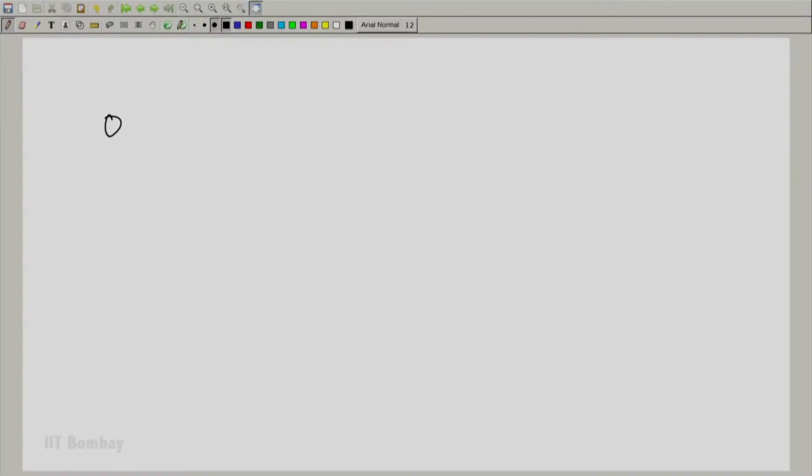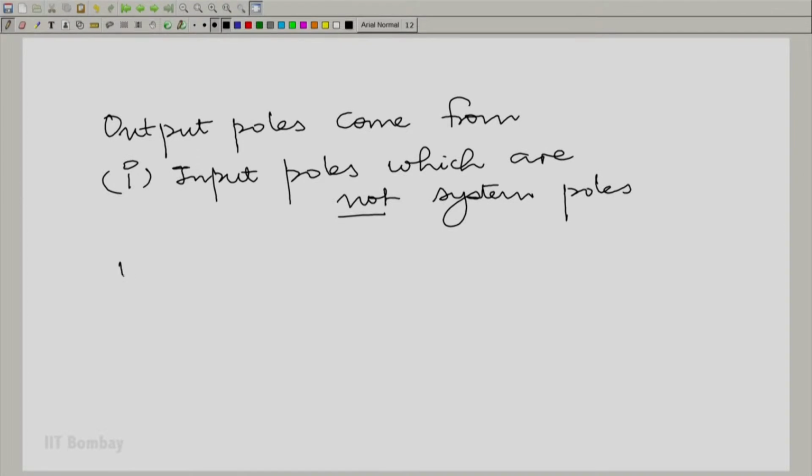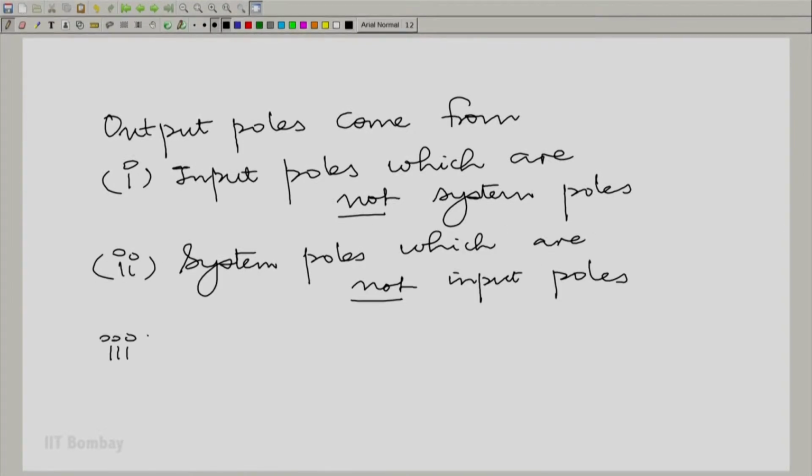Now, what kind of terms would you have in the output? So, to answer that question, we need to segregate the poles. You see, essentially the terms depend on the poles. So, let us ask, output poles come from input poles which are not system poles, system poles which are not input poles.